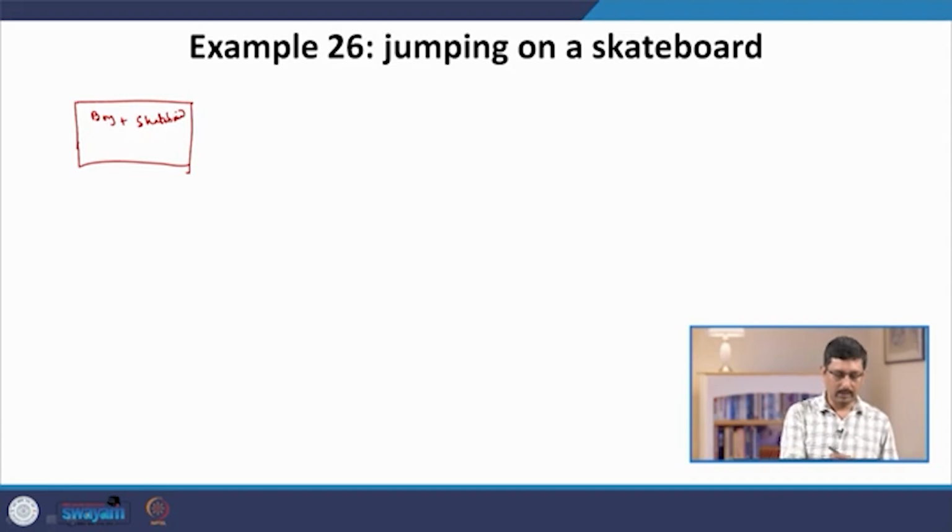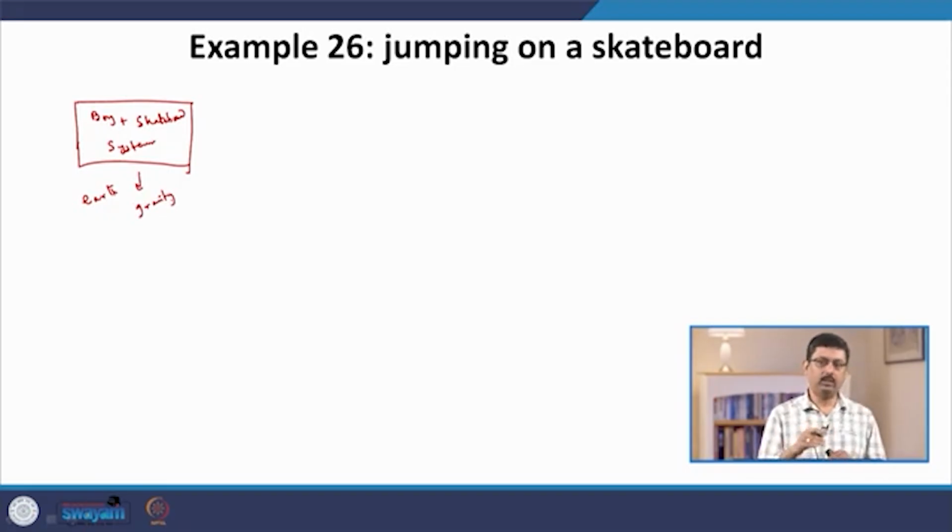What else is there in the surroundings? They have mass, so the earth is interacting with them. There is the earth's gravity. Then the road: the skateboard is placed on the road, so the road provides a force on the skateboard. There is this normal force. Note that we are going to consider the system only during the duration of the collision.